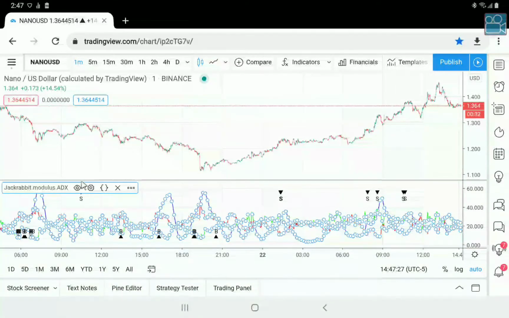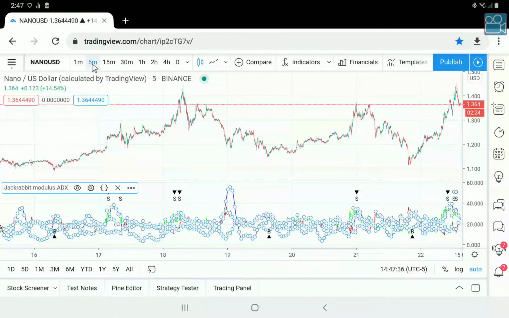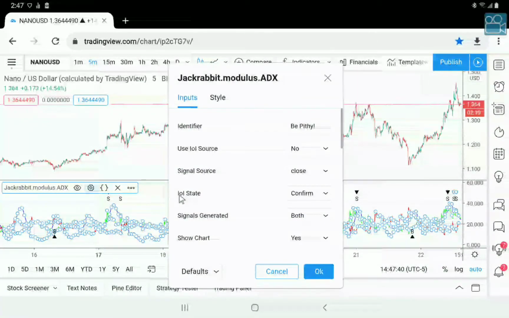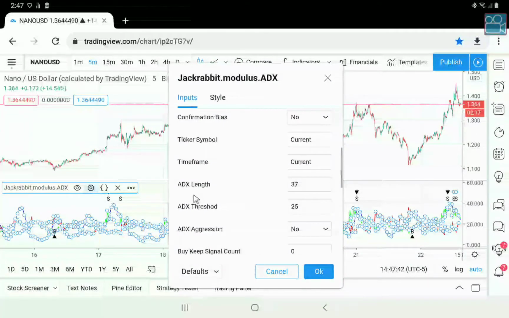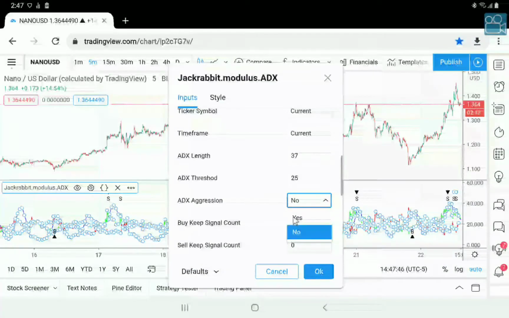Now let's look at a higher time frame. Let's go to the 5-minute, since the higher your time frame, the more accurate your trend information is going to be. So let's set this to an aggressive state and see how it changes the chart.